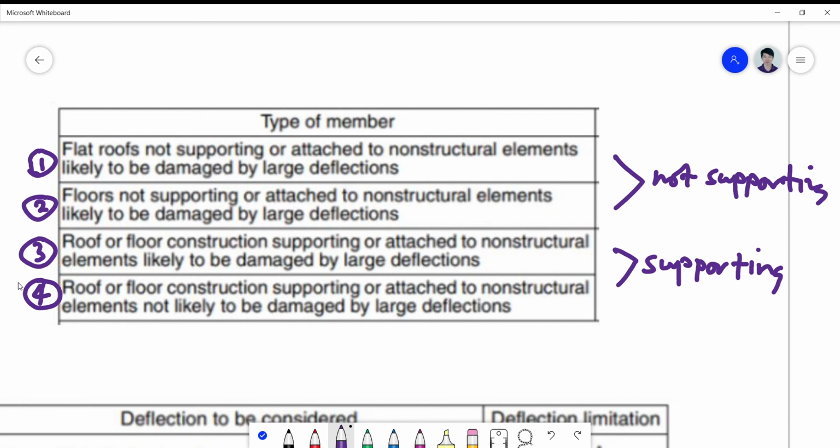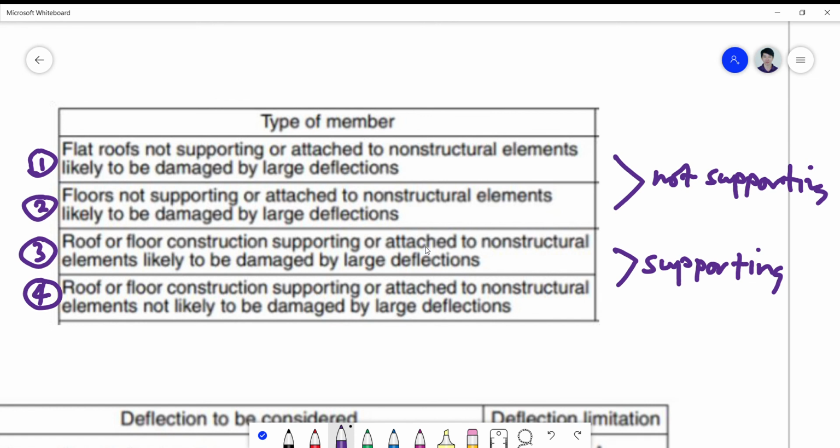When the beam is supporting the door, the windows, the partitions, you call that attachments or supporting. When they are not supporting, they are not attached.